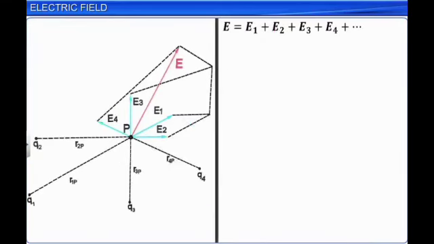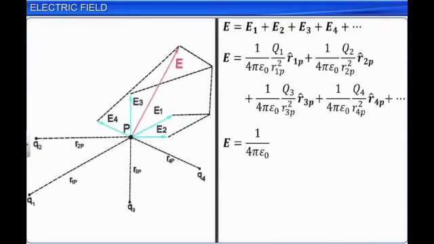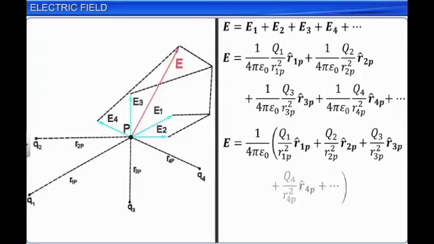Then, E is equal to 1 by 4 pi epsilon naught into Q1 by R1P square into R1P cap plus Q2 by R2P square into R2P cap plus Q3 by R3P square into R3P cap, and so on.